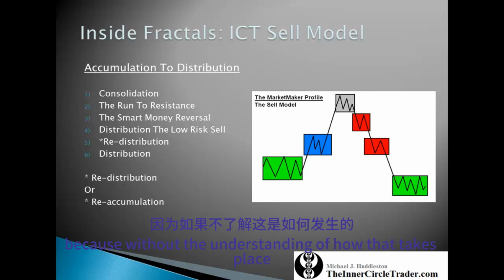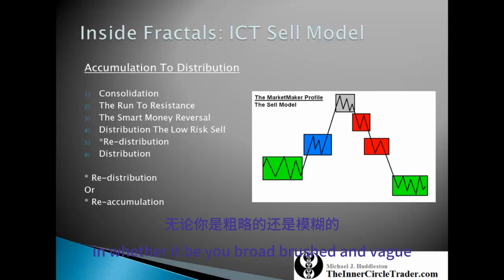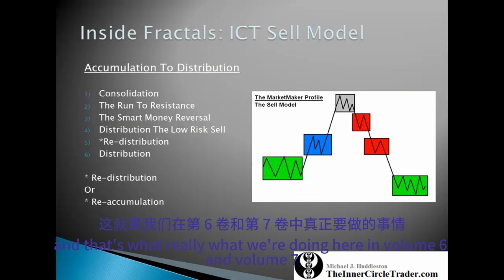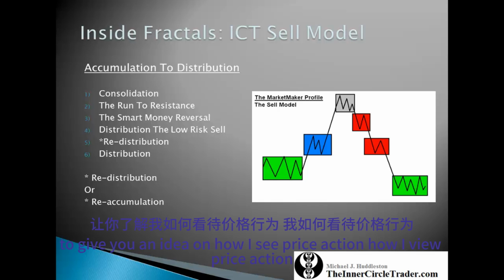Because without the understanding of how that takes place, talking about these things conceptually, whether broad brushed and vague as we have here in a very conceptualized manner in this ideal depiction of what I see as a fractal, it won't make any sense to us if we don't have a framework to build upon. And that's really what we're doing here in Volume 6 and Volume 7, to give you an idea on how I see price action, how I view price action.